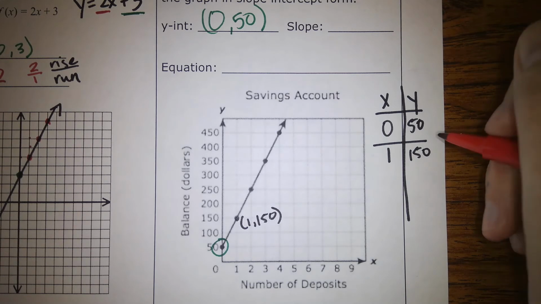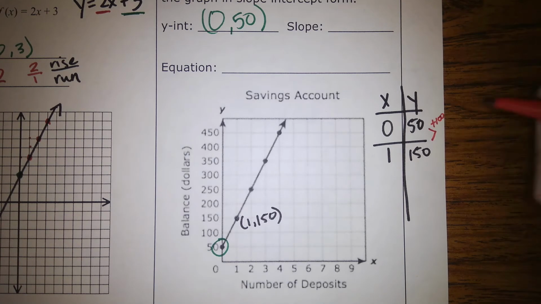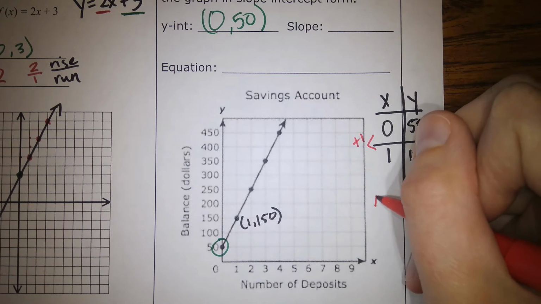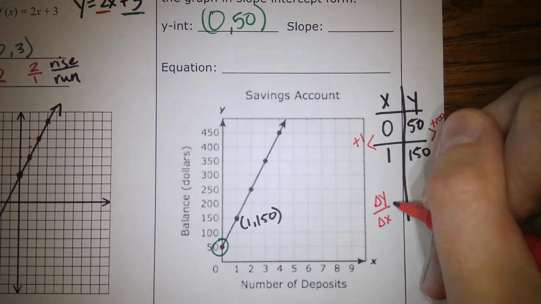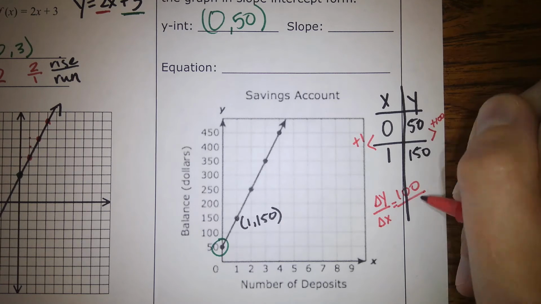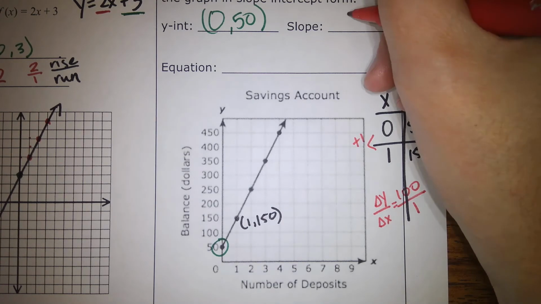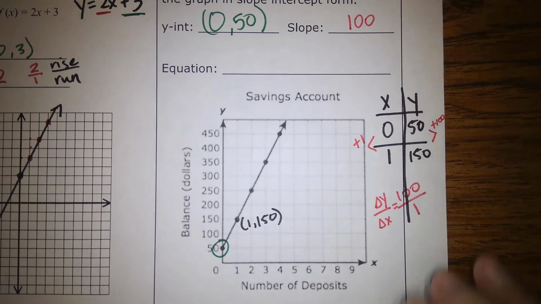And now that we have that, we see that's plus 100, plus 1. So the change in my y over the change in my x would be 100 over 1.